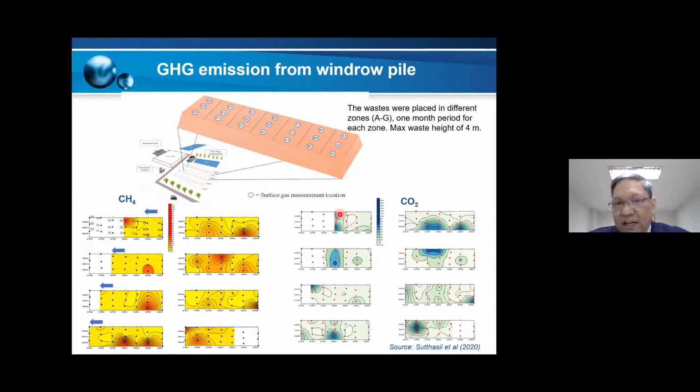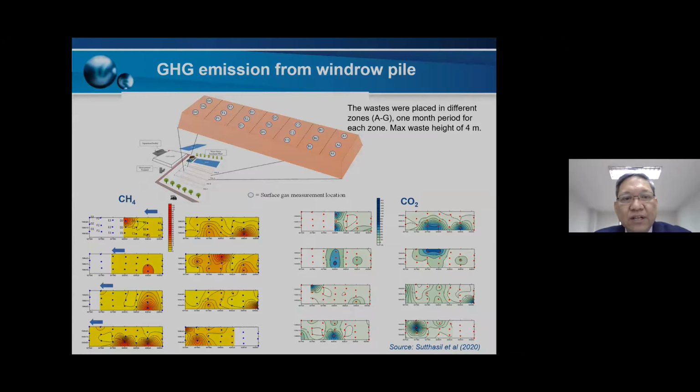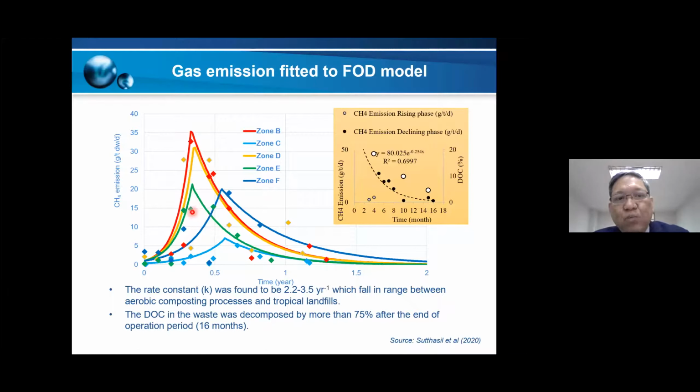Also we monitor the carbon dioxide, and this goes along with the methane emission. Actually, the waste stabilization inside this windrow pile follows the same pattern as the landfill, so you can apply the same model that we use in the landfill, like the first order decay model, to explain what happened.